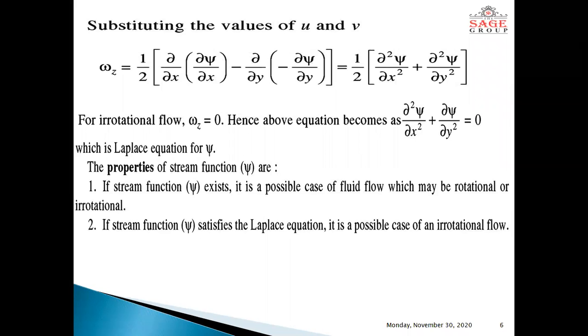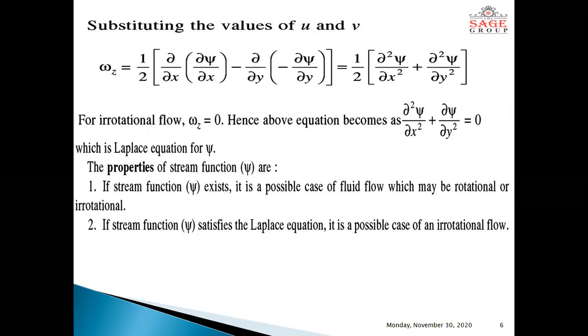Substituting the values of u and v, we get omega z equal to half of del upon del x of del psi upon del x minus del upon del y of minus del psi upon del y, or we can also write omega z equal to half of del square psi upon del x square plus del square psi upon del y square.